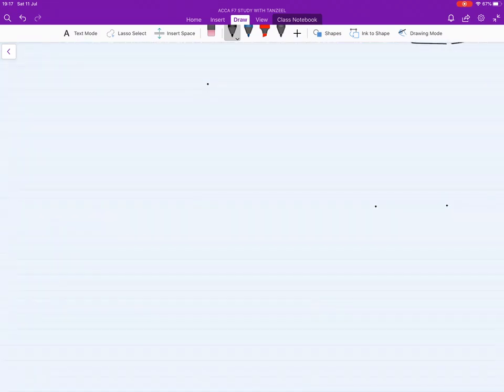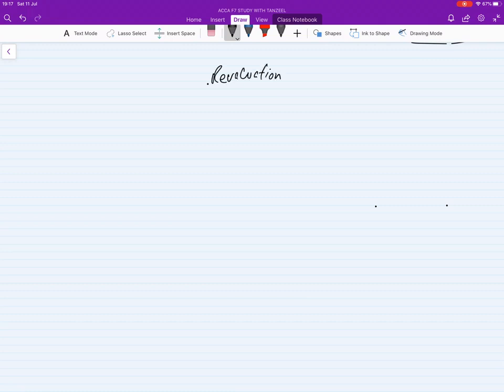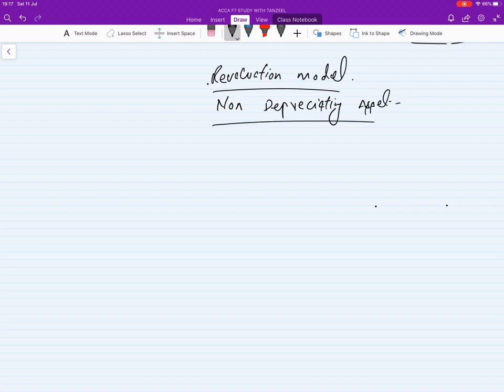Okay, let's discuss revaluation. Revaluation model for a non-depreciating asset, like land. Land is a non-depreciating asset.